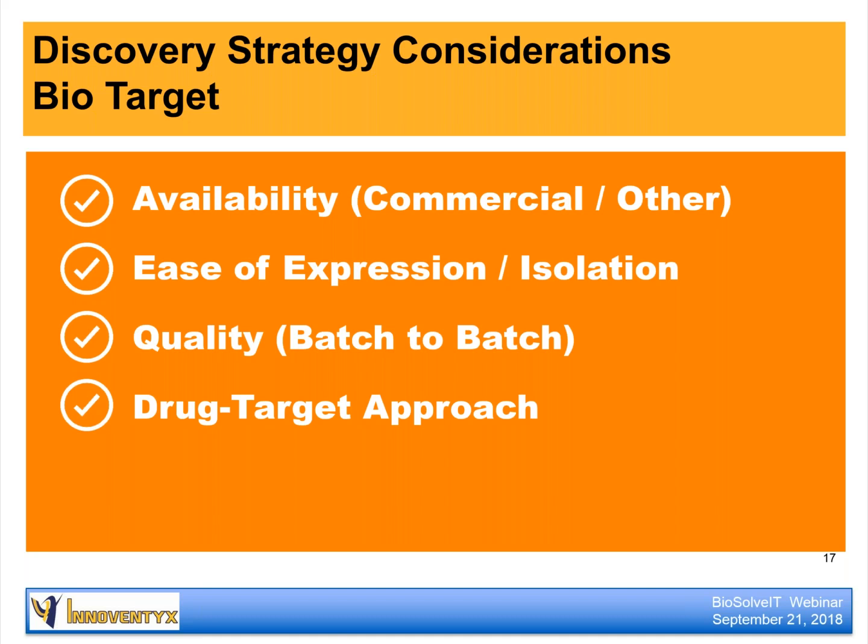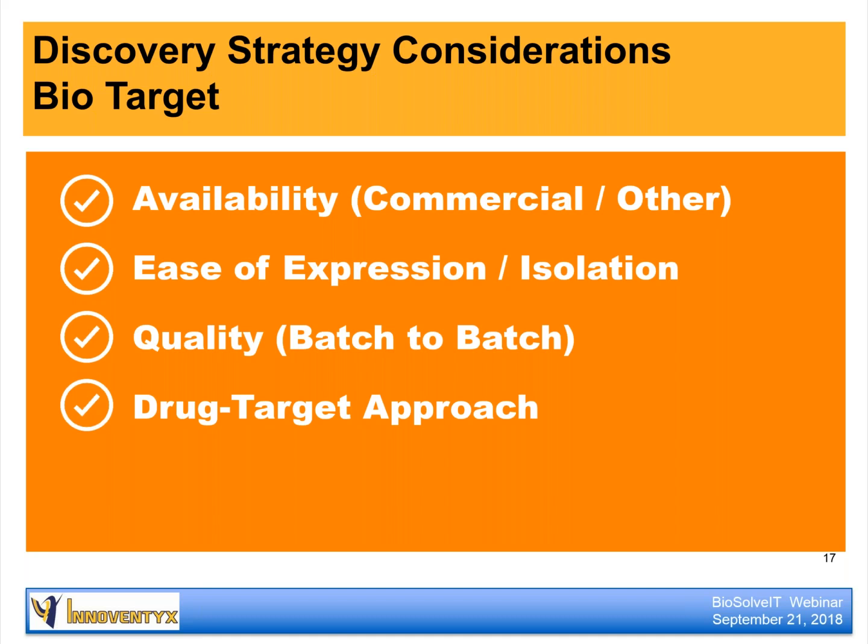You want to make sure that everything is reproducible. And if something changes from batch to batch, you're going to start seeing different results when you start changing batches, and that is just going to disrupt the whole process. So very critical to pay attention to the quality of the biological target.